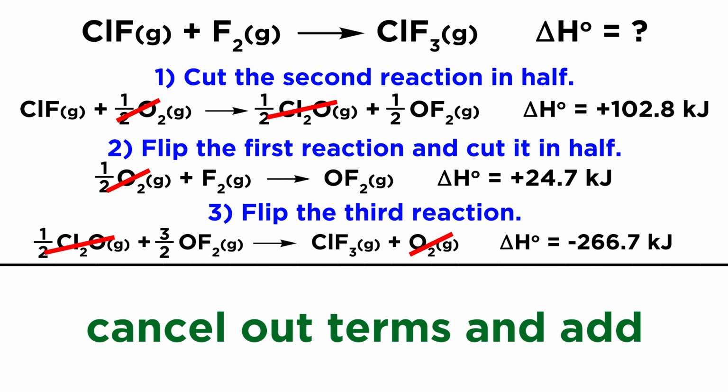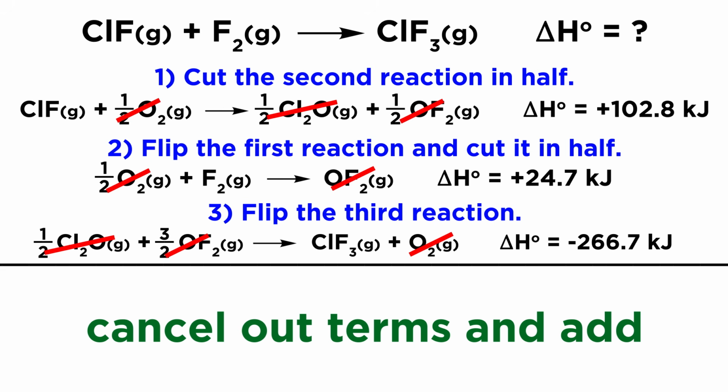Then we have 1/2 Cl2O as a product in the first reaction, and we have 1/2 Cl2O as a reactant in the third reaction. So those will also cancel out nicely. Then on the right, we have 1/2 OF2 in the first reaction. We have 1 OF2 in the second reaction. And then in the third reaction, we have 3/2 OF2 as a reactant.